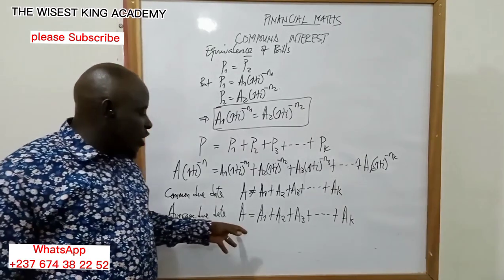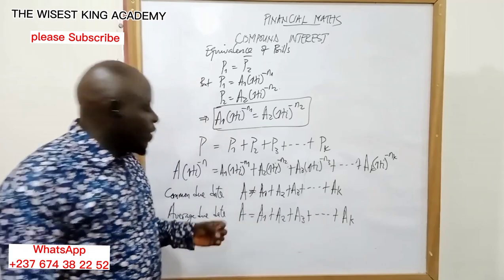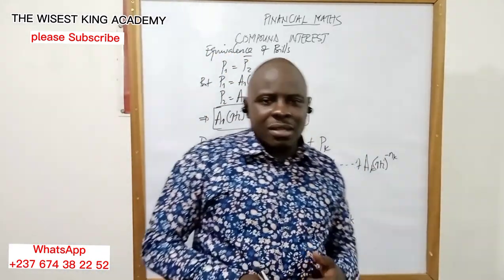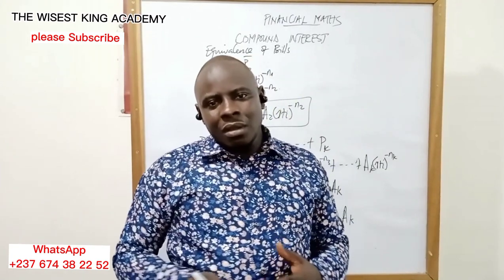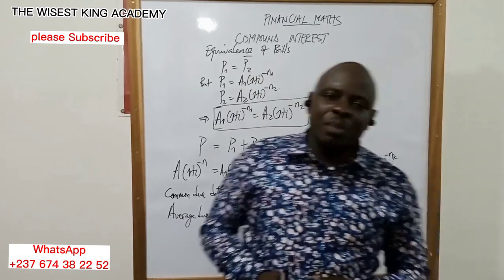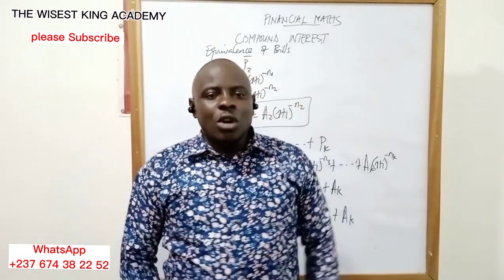At average due date or average maturity, the nominal value of the unique bill is actually equal to the sum of the nominal values of the other bills. In such questions, they will give you a series of bills and ask you to calculate the average maturity. Because they say average maturity, you already know the nominal value of the unique bill. But if it is common due date, they will give you the nominal value of the unique bill.